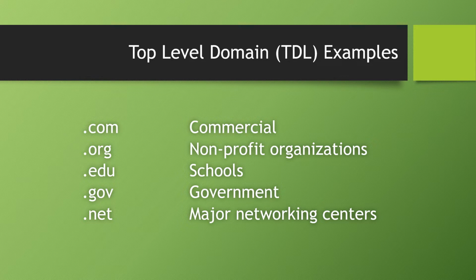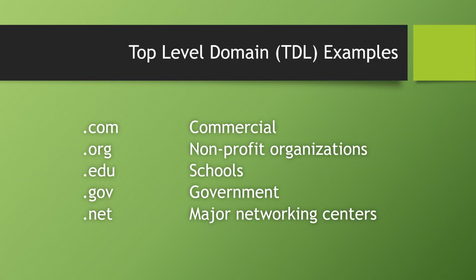Being the fact that so many domain names have been registered and used, it's difficult to find a unique name, so more top-level domains have been created to accommodate that. The .com is extremely difficult now to find anything unique on. They're just about all taken, so other top-level domains have been created so you can, again, have more combinations.